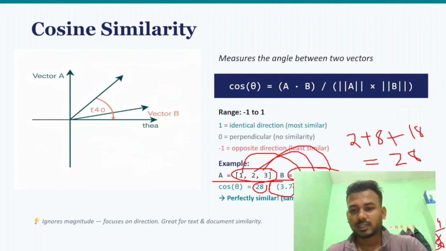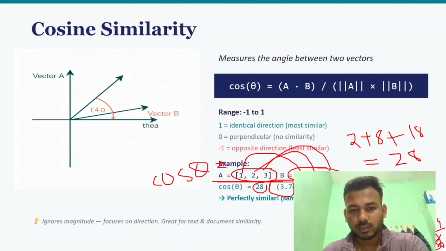Here in this case, you can see that the cosine similarity score is 1. When it is 1, your cos theta is 1. If you know trigonometry, cos theta is 1 when theta is equal to 0.